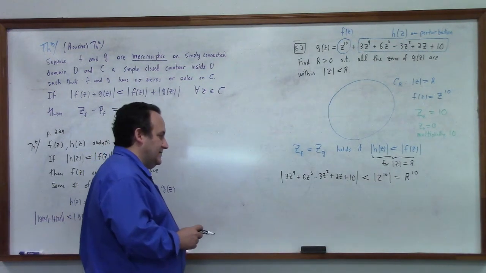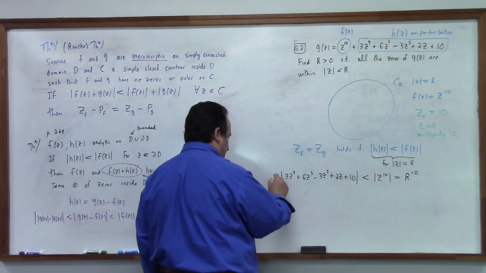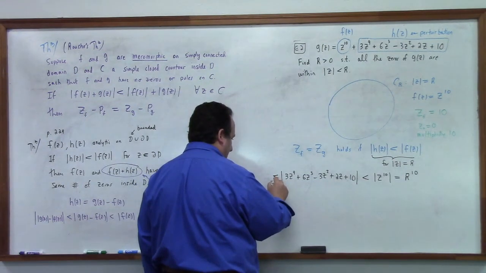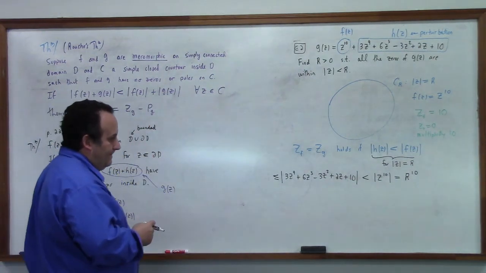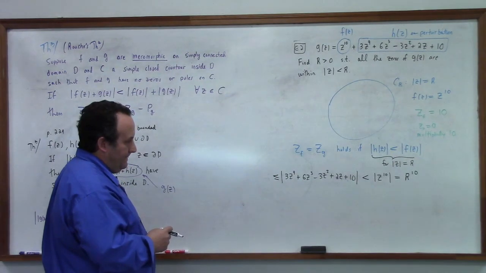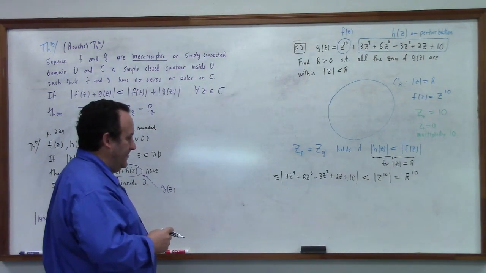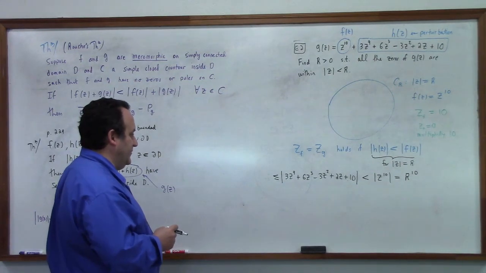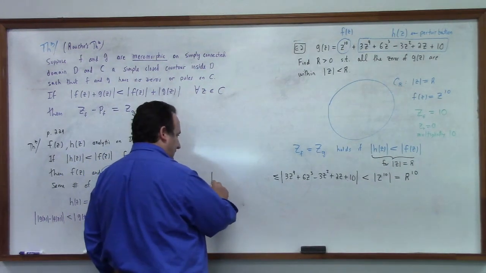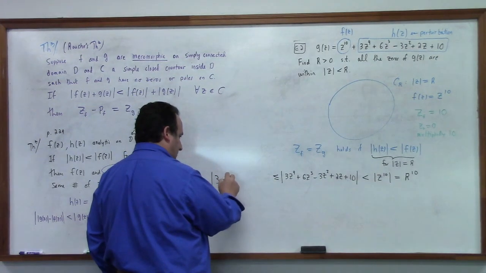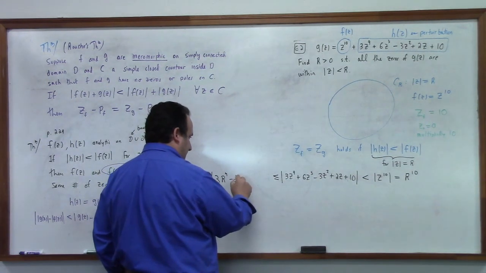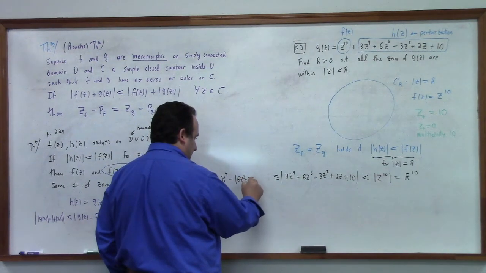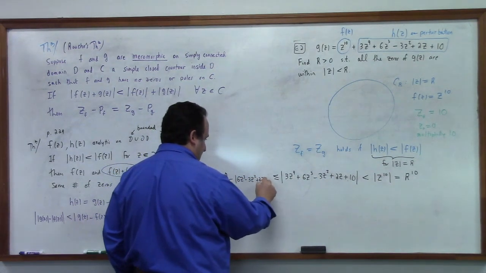But what is this less than or equal to? A lot of things. I think we could look at that as the absolute value of 3r to the 9th minus the absolute value of 6z cubed minus 3z squared plus 2z plus 10, right?